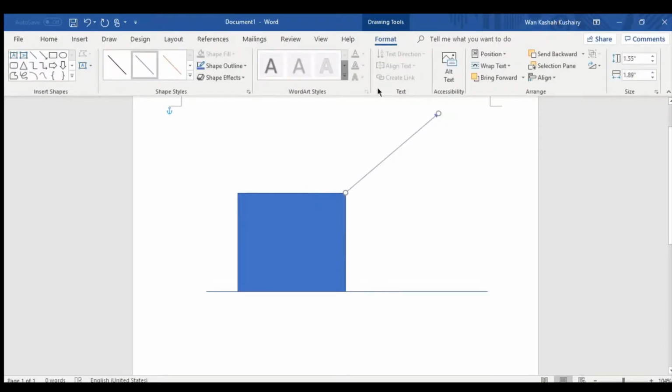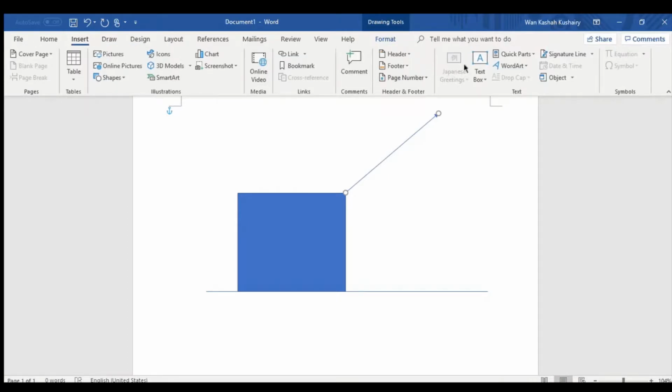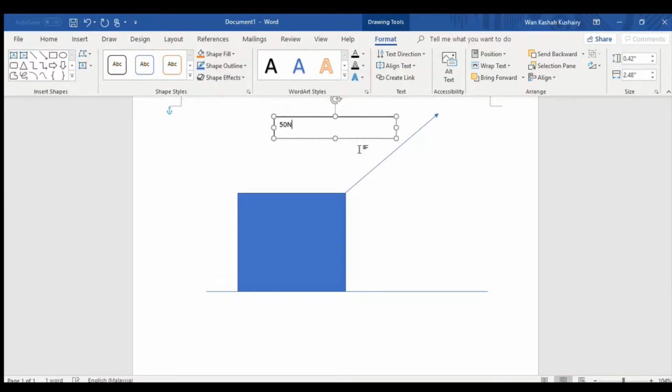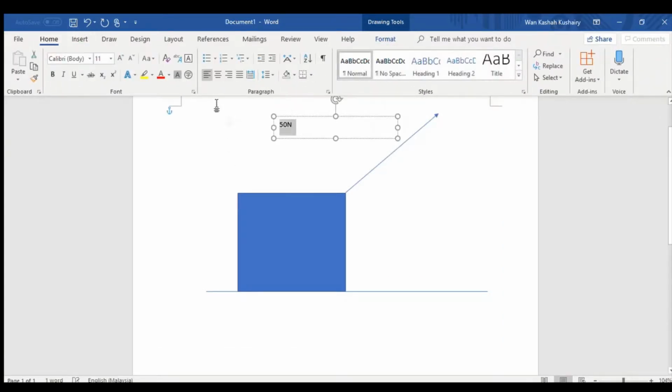The first arrow in the diagram represents the string and also the direction of the pulling. Let's say the force of the pulling on the string is 50 Newton.